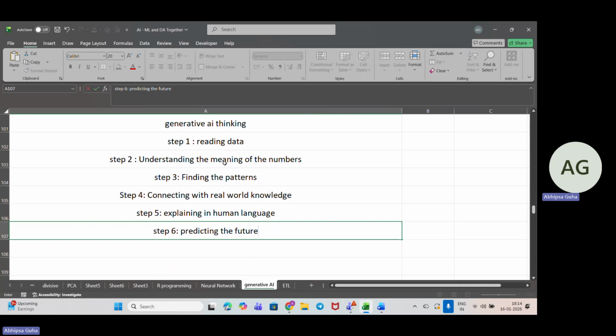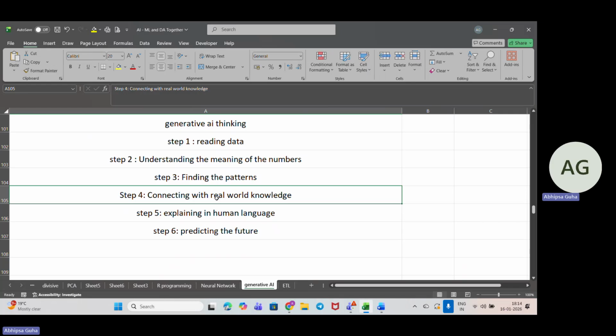Traditional analytics uses math, and generative AI also uses math. Also, traditional analytics creates charts. Generative AI also creates charts. But it explains in words and connects with real world knowledge, which traditional analytics sometimes isn't able to do. Generative AI does that. Explaining in human language, traditional analytics doesn't do it, but generative AI does.